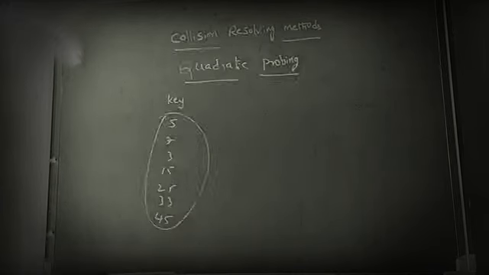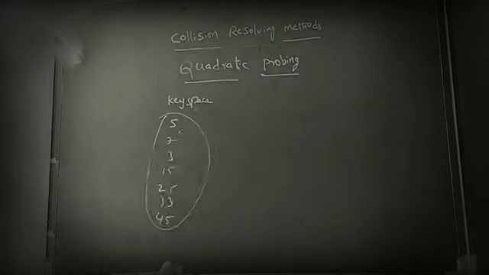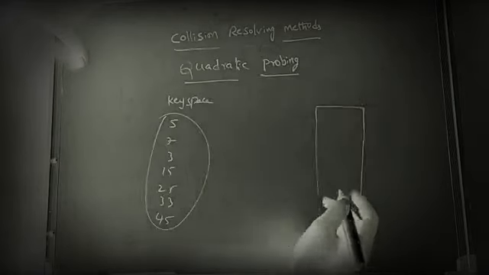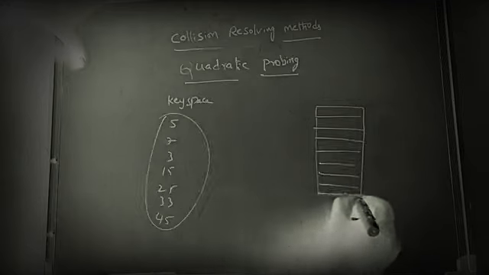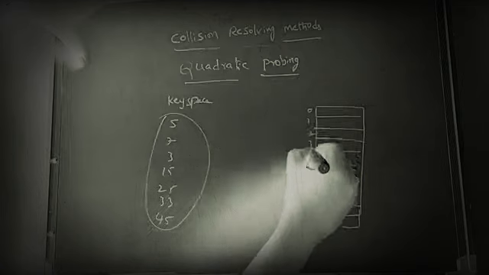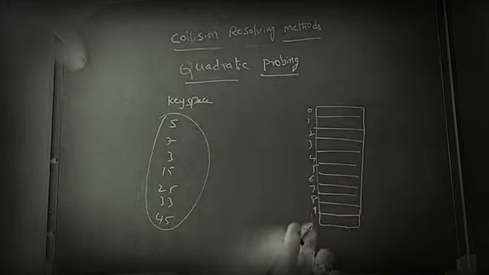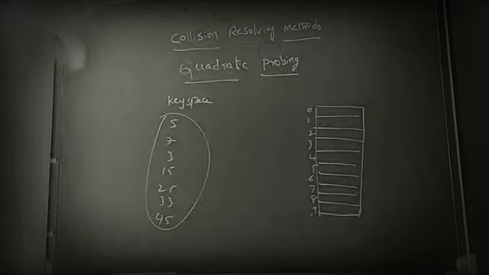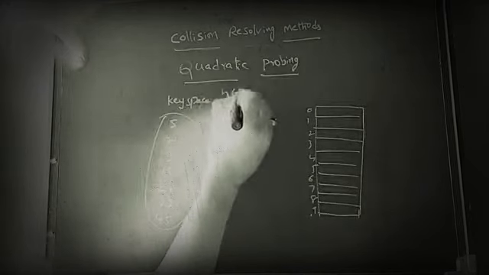Take any elements in the key space, and take the memory slots 0, 1, 2, 3, 4, 5, 6, 7, 8, 9. So now store the element. You can use the usual procedure.